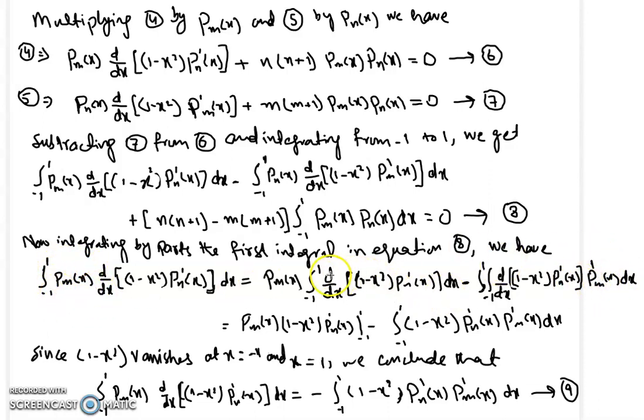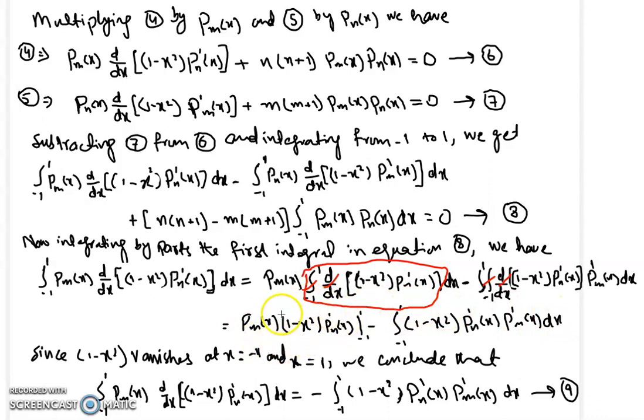To find the integration of this term, as here the derivative and the integral cancel each other, we get (1 minus x squared) Pn dash, with limits from -1 to 1. Similarly, this integral and this derivative cancel each other, and we get minus the integral from -1 to 1 of (1 minus x squared) Pn dash Pm dash dx.